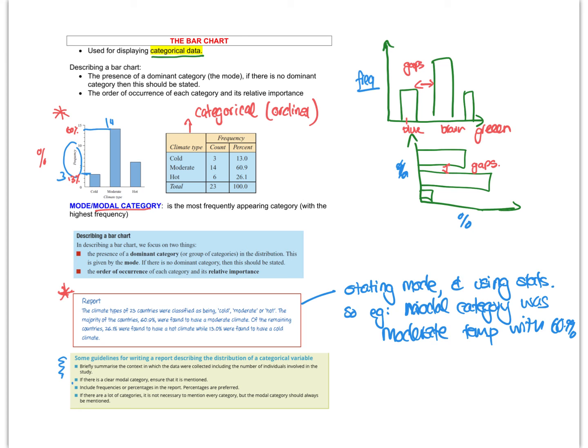With this one, there's only 3, so I probably do need to mention every one. So I'd say the mode was moderate with 60%, and then came hot with 26%, and cold being the lowest with 13%, okay? So I'm using the stats and I'm going to get all the marks there, okay?